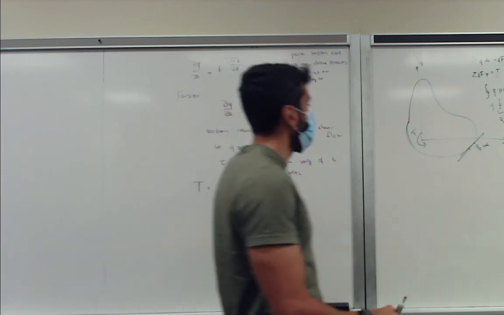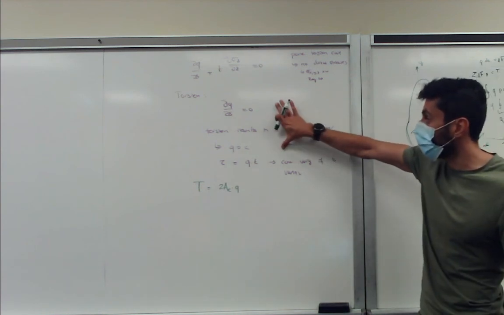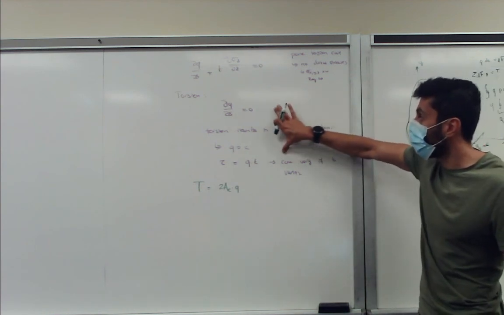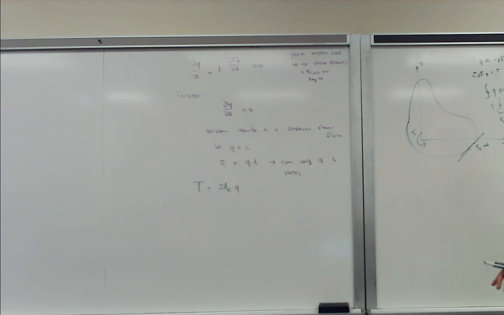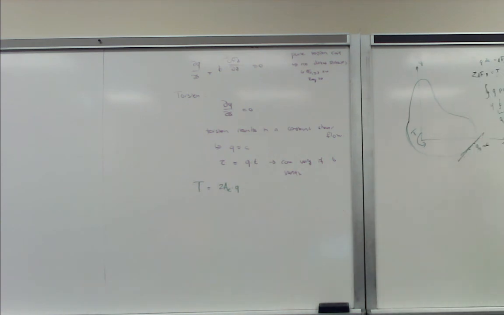So again, we draw a random, arbitrary shape, and we say we know the fact that the shear flow, based on this line of thinking, is constant. So if the shear flow is constant, if we multiply that by delta s, we know we get a portion of shear force, and that shear force can be equated to the torque, the in-plane moment, by just multiplying by the arm.